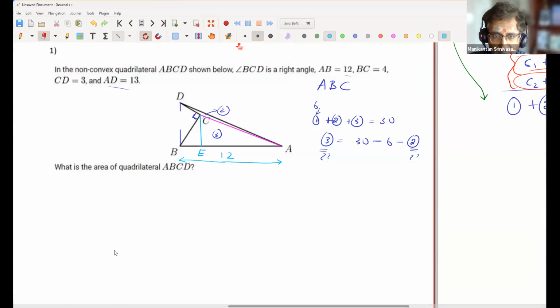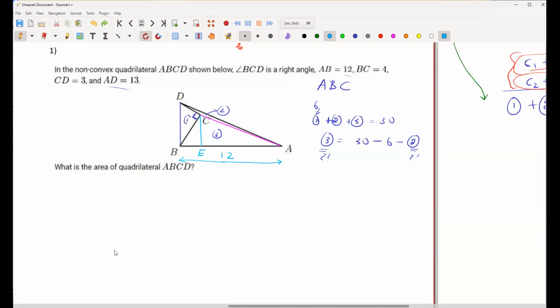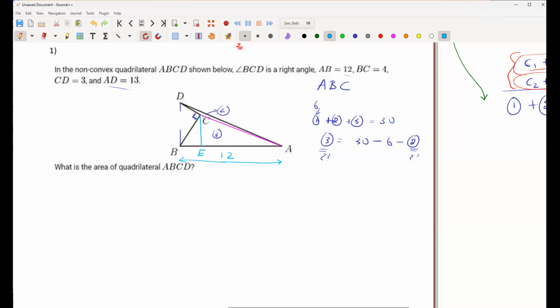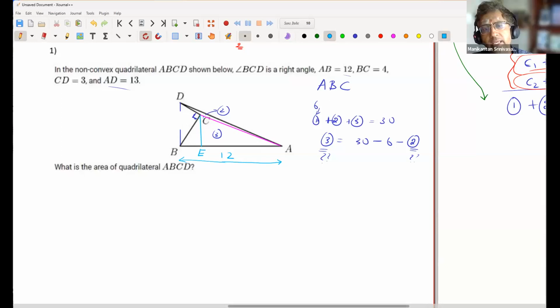I'll give you another hint. Those two triangles are similar because both of those angles are 90 and those two are interior alternate. Which two triangles are similar? BEC and CDB. BEC and CDB are similar. Exactly, yes.